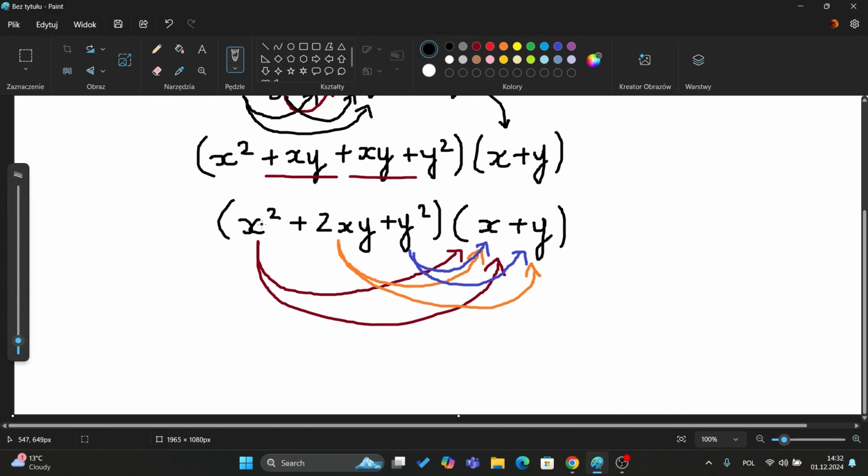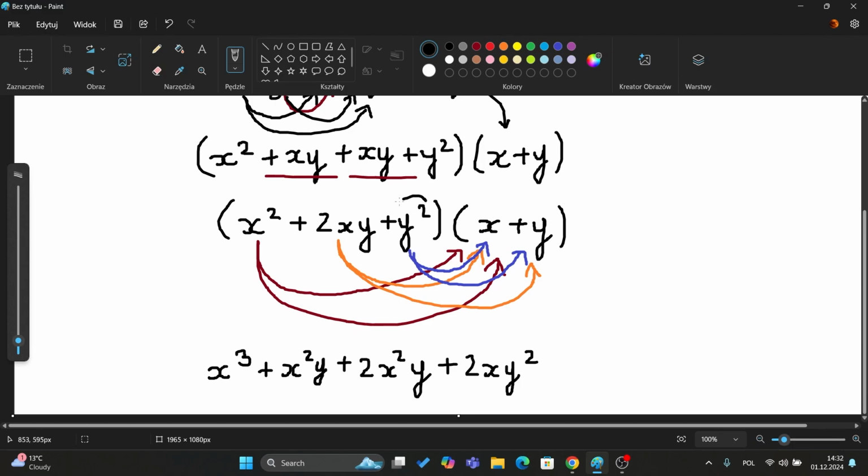We are going to do x squared times x, which is x cubed, x squared times y, which is x squared y. Then we're going to go with 2xy times x, which is plus 2x squared y, and 2xy times y is 2xy squared.